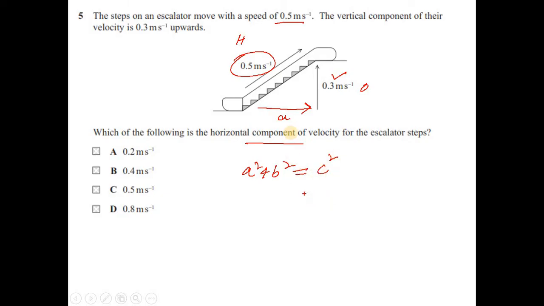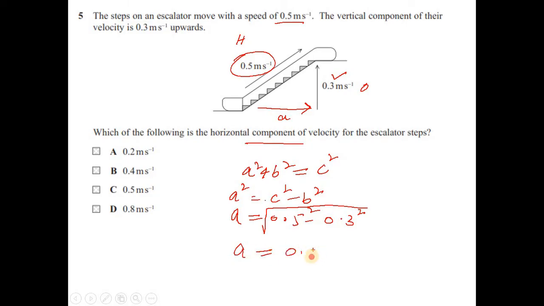So if a is the horizontal component of the velocity, a square is equal to c square minus b square, that is 0.5 squared minus 0.3 squared, and then if you remove the square by taking the root, clearly a will be equal to 0.4.